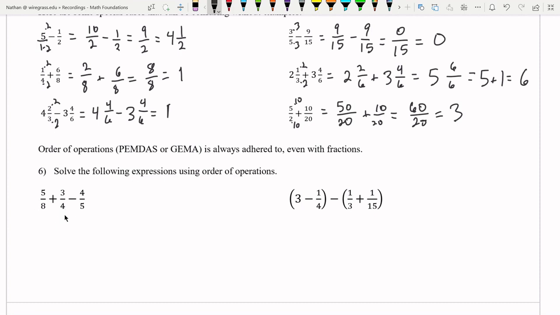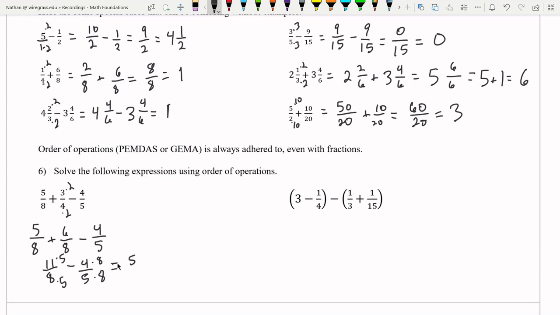So here, 8 and 4. Common denominator is 8. I'm going to add these two up. We're going 5 over 8 plus 6 over 8. 5 plus 6 is 11 over 8. I'm not going to worry about changing it to a mixed number. I'm going to complete the rest of the problem. And I have 40 is going to be my least common denominator here, 5 times 8.